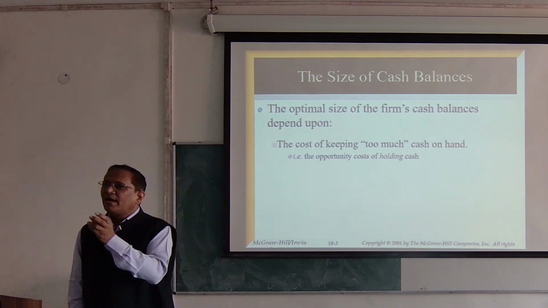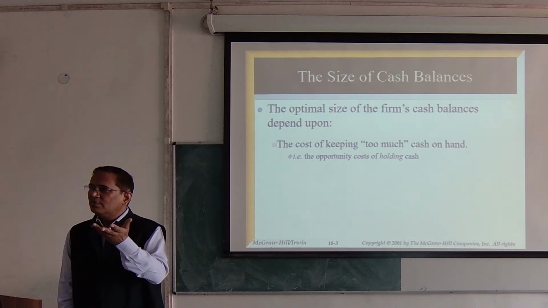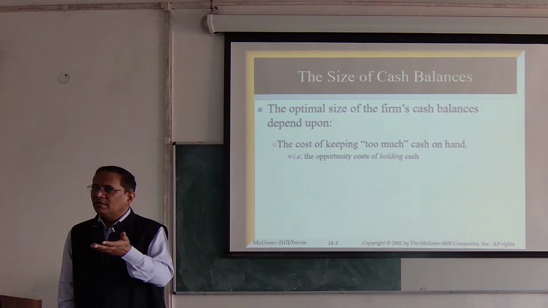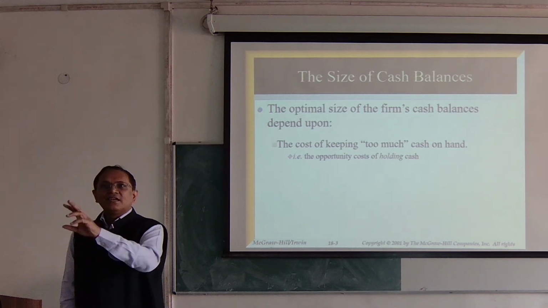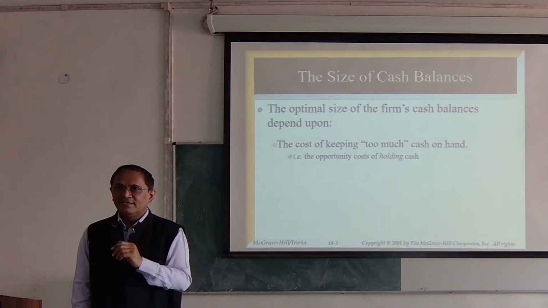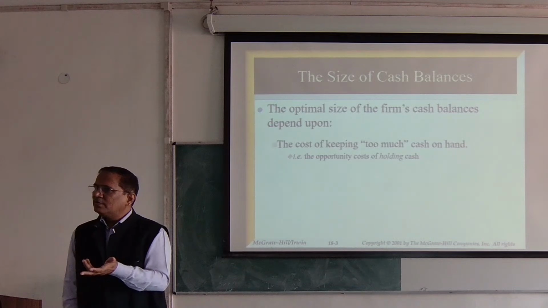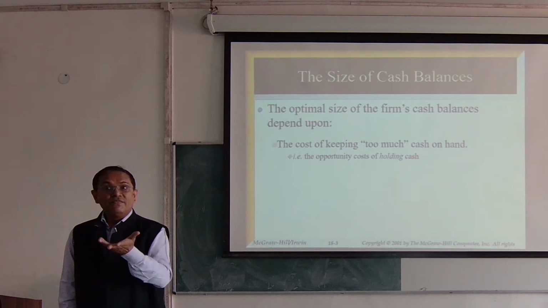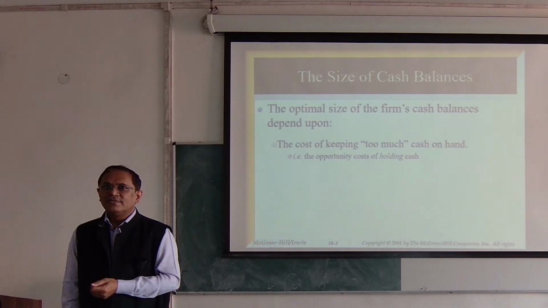So I have idle cash lying in my account and that account is a current account. Can I, for the time being, invest that for some additional earning? Theoretically sounds good, practically feasible, but legally not allowed.